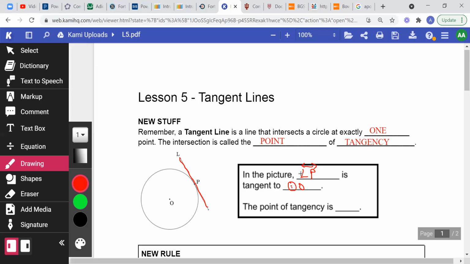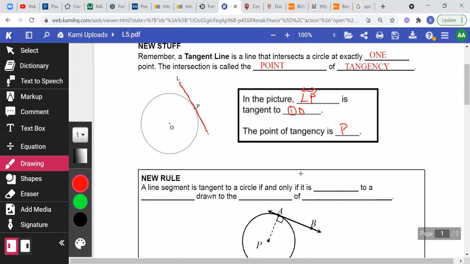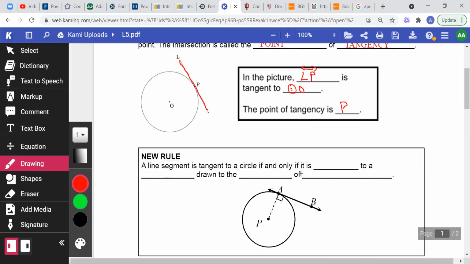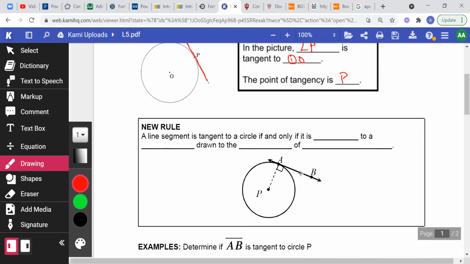And then what is the point of tangency here? P. So when you check this new drawing down here, what do you observe?